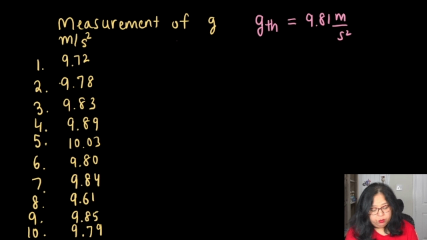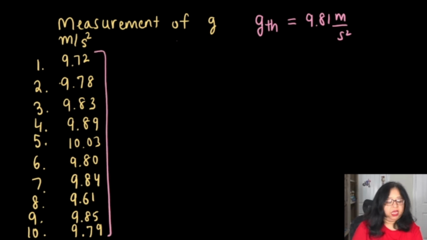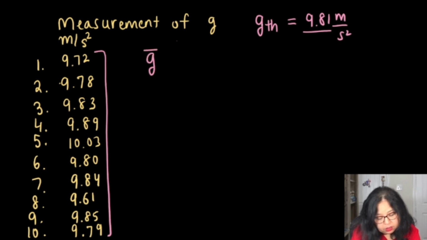So individually, when we look at this data, it is spread on each side of 9.81. So to get the experimental value, we find g bar, experimental. This is the average value of the experimental g.